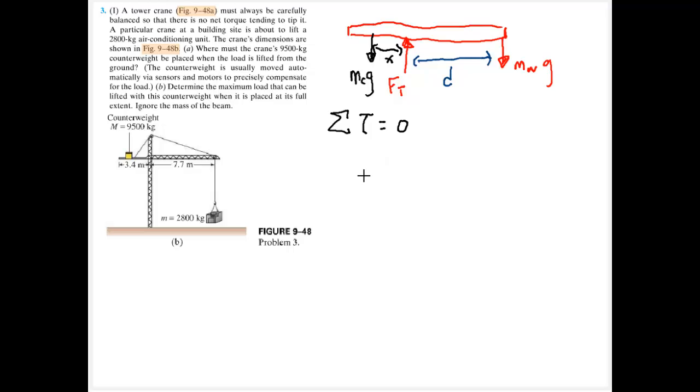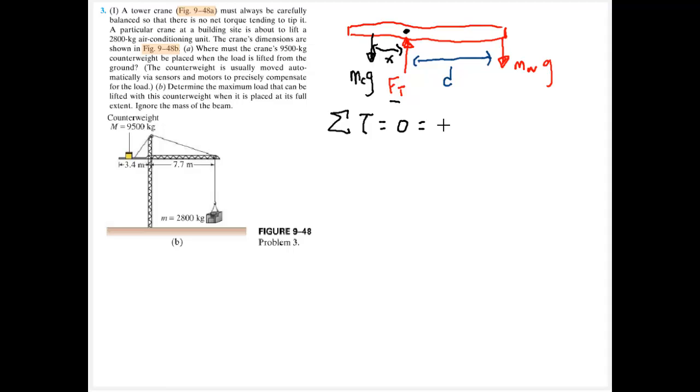I'm going to choose my point to sum all the torques about to be right here. The reason I'm doing that is because I don't know the support force of the tower, and I can eliminate it simply by choosing that as my pivot point, because the distance to the pivot point is going to be equal to 0.